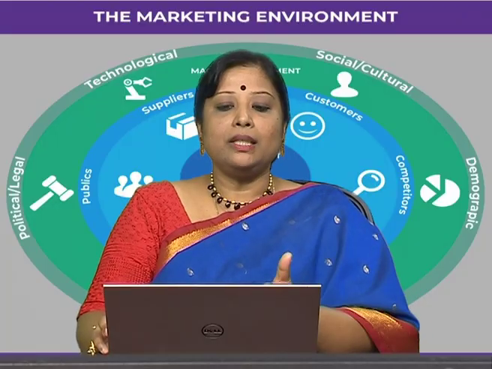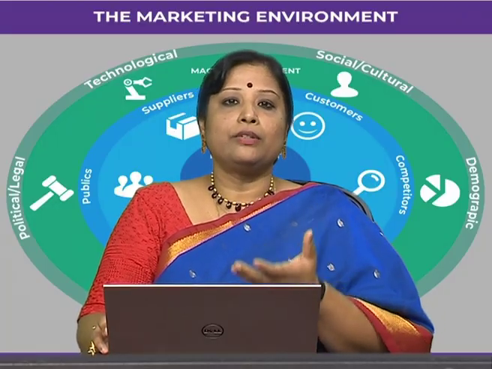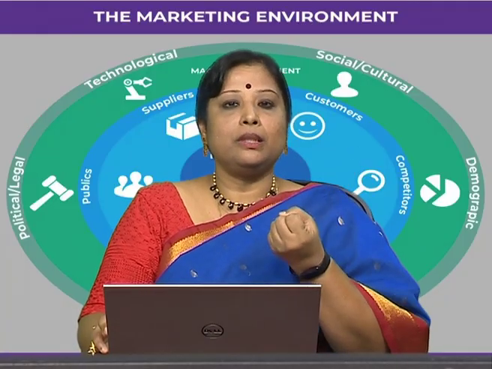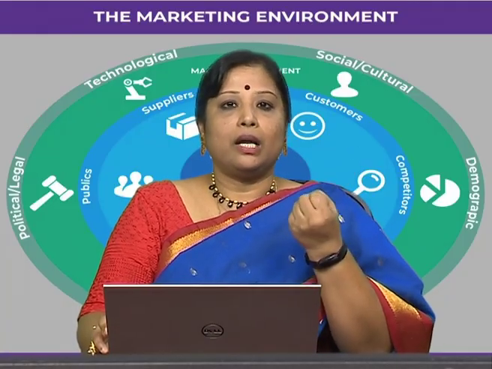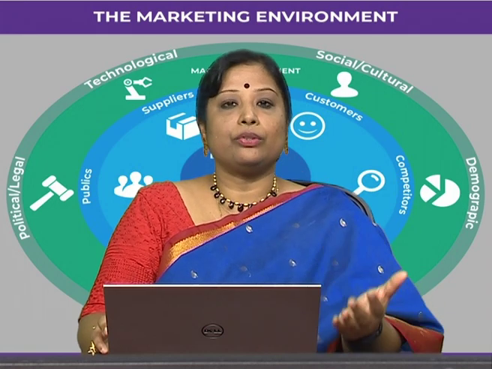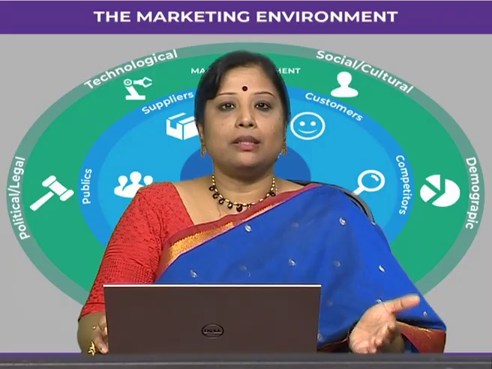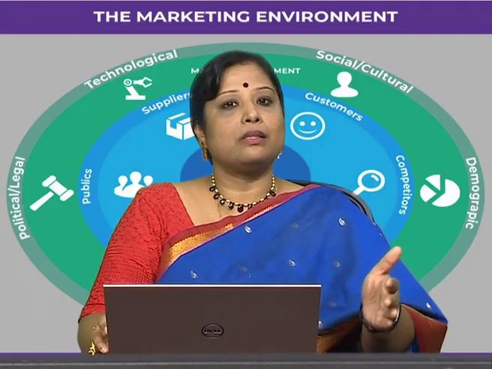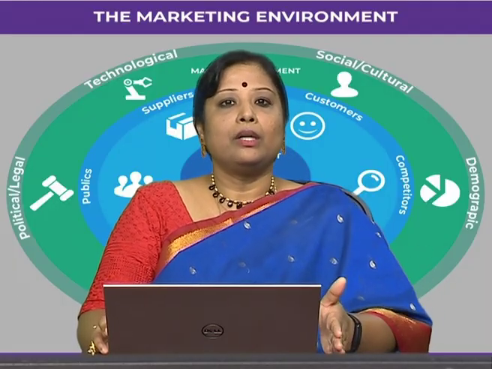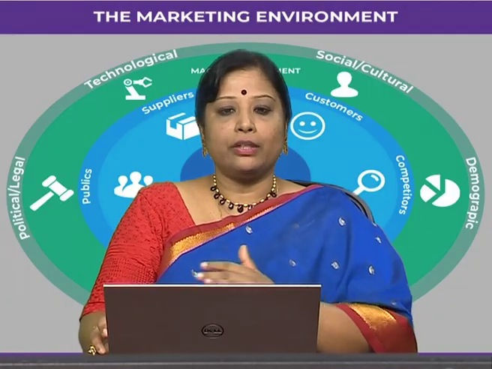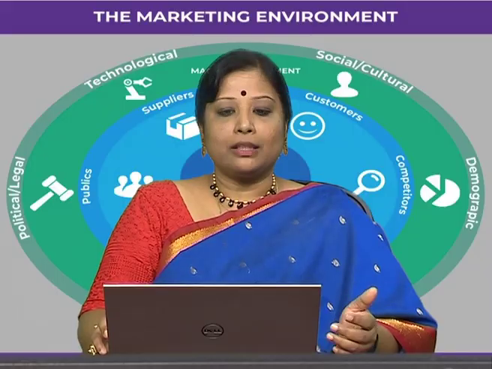All this is because there is a lot of disposable income in the hands of consumers. The income levels have increased. That's the reason why there's a huge rise in demand for products like electronic gadgets, the TVs, the refrigerators, the mixies, the washing machines have become a part of life these days, which was not so earlier. All these are because of the different environmental factors which are happening.